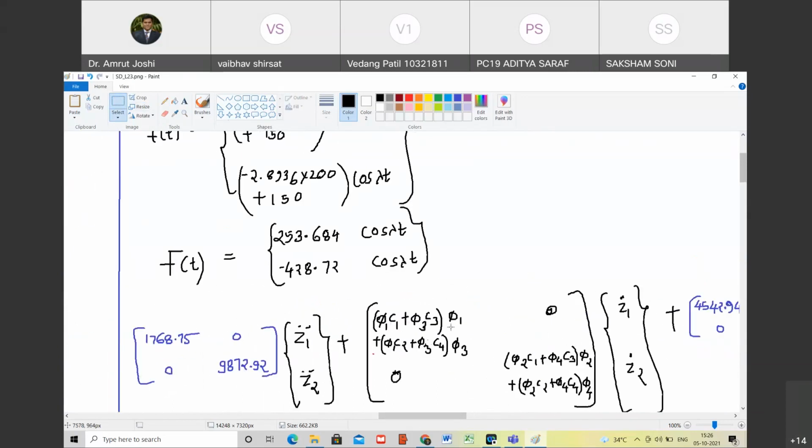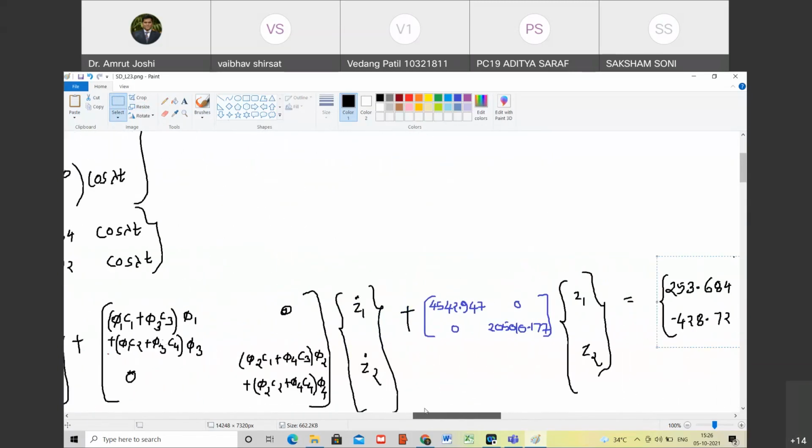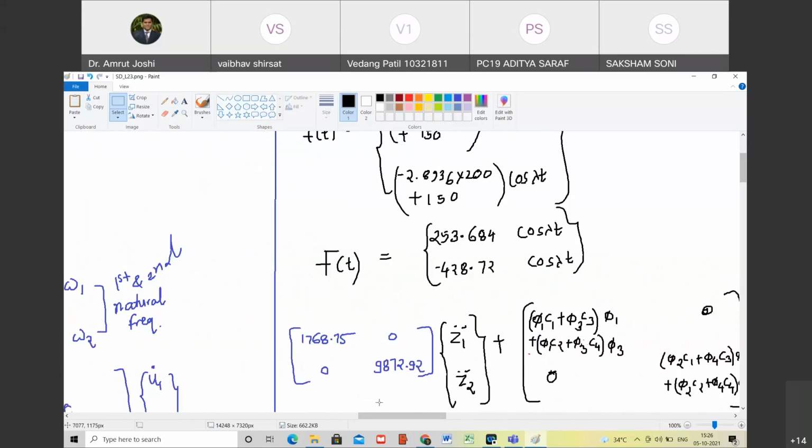But before that, we need to do something about these unknown terms C1, C3. What that is, we will see in the next class. But in principle, we have converted a 2 degree of freedom system into uncoupled equations of motion. So it is as if you are solving a single degree of freedom system twice.